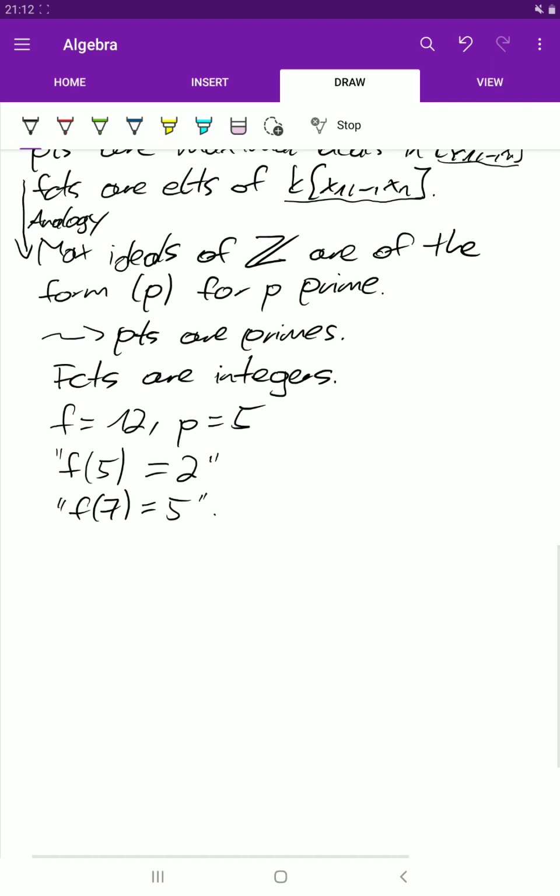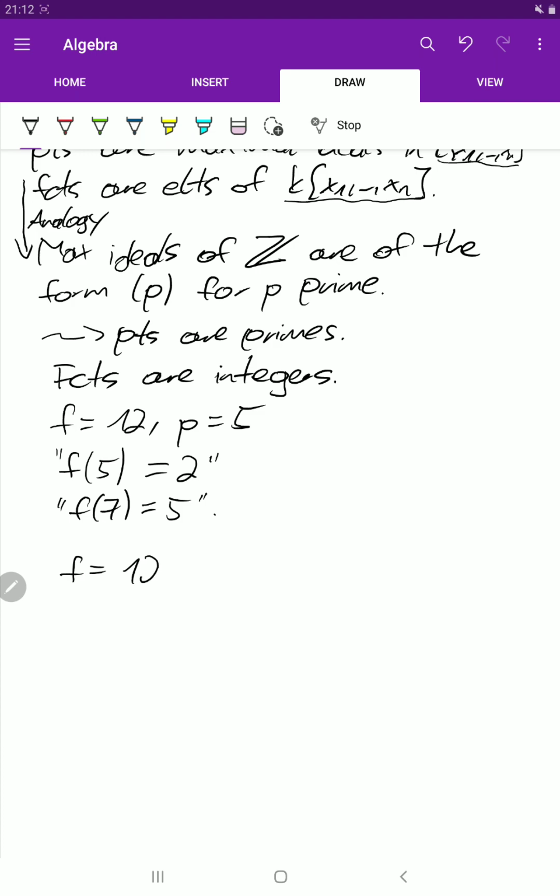Okay, and now let's look closer. So can we maybe do some Taylor approximation of the function? So we want to approximate at the prime. So let's do maybe a Taylor approximation for f equal to 12.